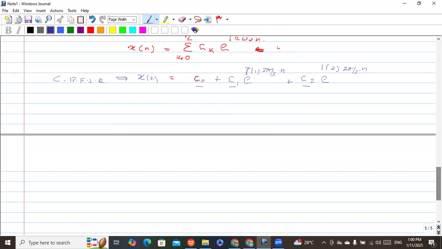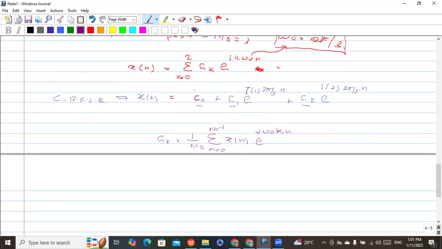To find the Fourier series coefficients, you have this identity, that is Ck is equal to 1 over n naught multiplied by x[n] e to the power minus j omega naught k n, with n from 0 to n naught minus 1.